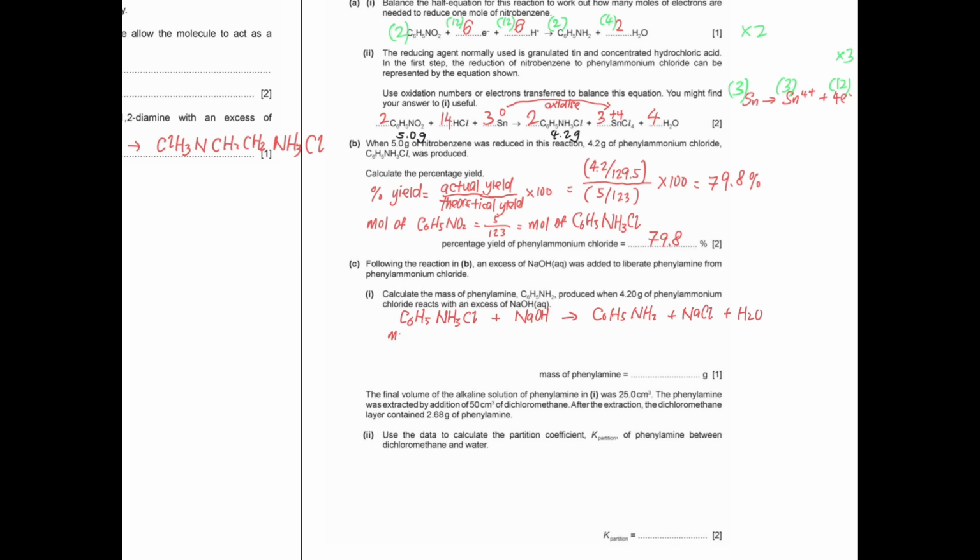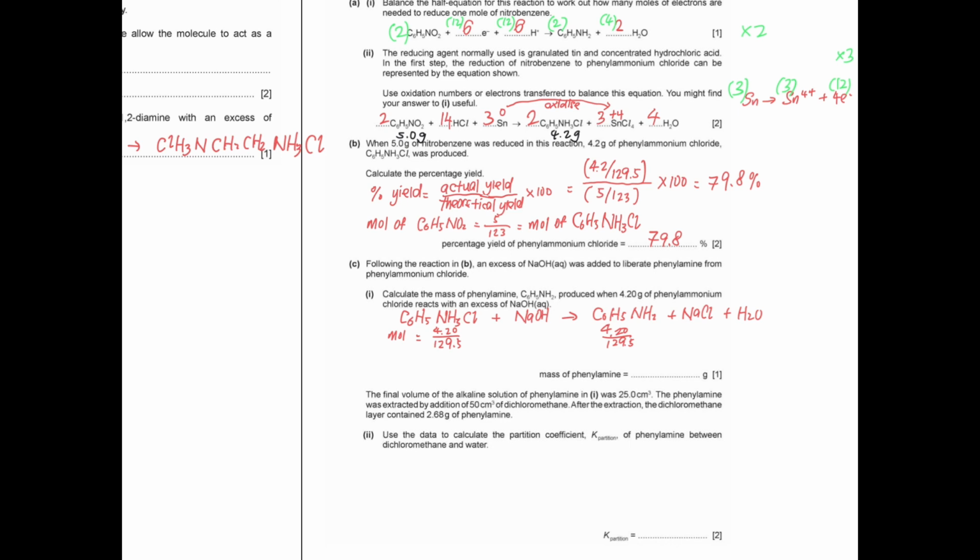Let's find out the mole. This is 4.20 over 129.5. According to the mole ratio, this will be the same, 4.20 over 129.5. As you can see in the equation, this is 1 mole to produce 1 mole. So they have the same mole ratio, so the mole should be equal.